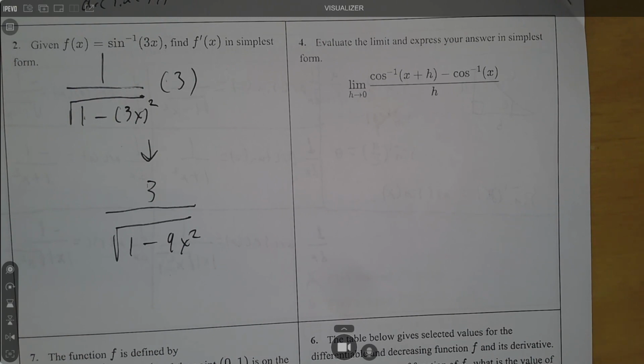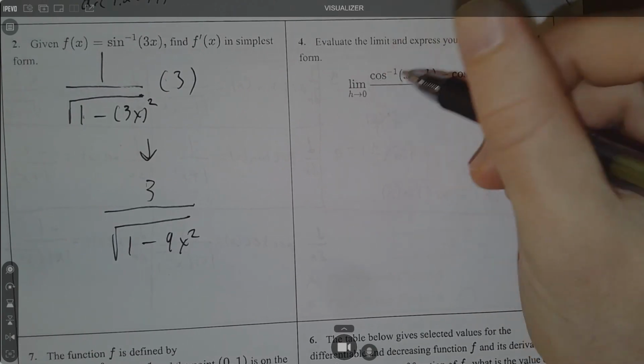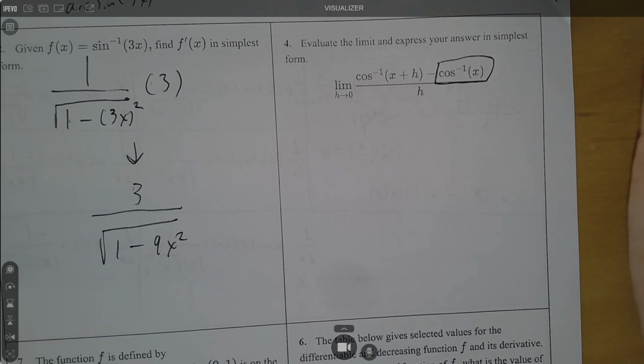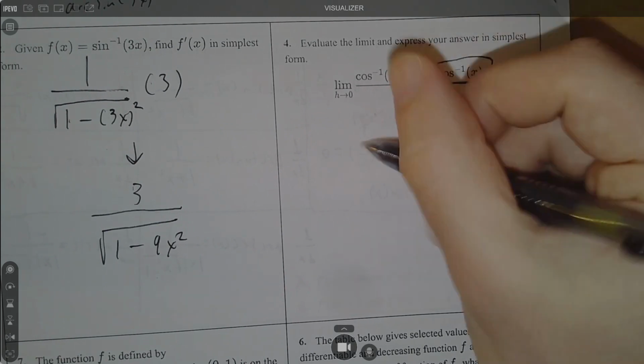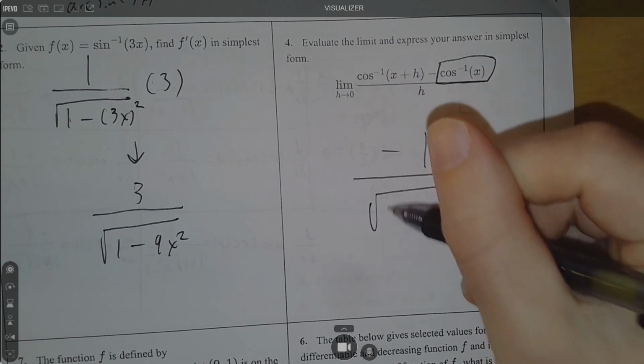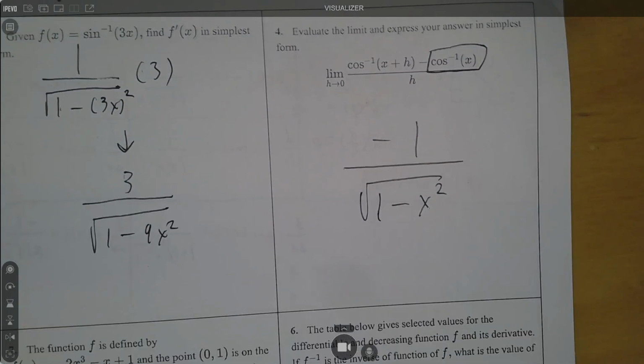This is nothing new. When you see this limit form, you're just finding the derivative of this. It's just the derivative of arc cosine, and so that's negative 1 over root 1 minus x squared. That's it. So that's the inverse trig functions.